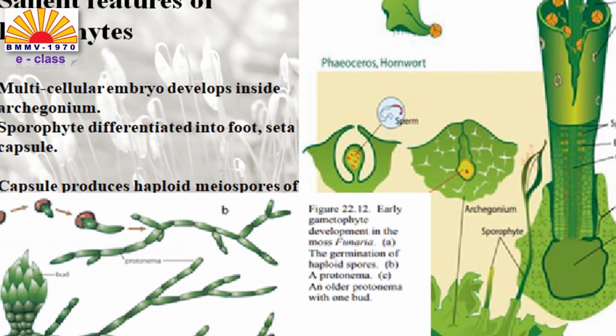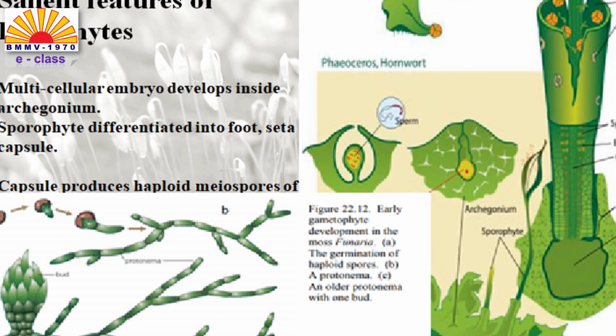Another important feature that I would like to discuss here is the progressive sterilization of sporogenous tissue. In bryophytes, we will find a variety of sporophytes, simple type of sporophytes and advanced type of sporophyte.